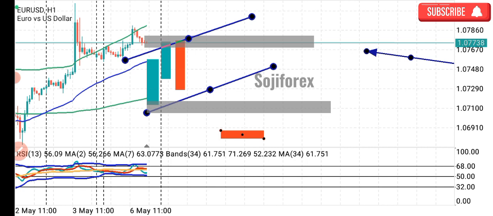And then the third candlestick pattern is our evening star formation. Let's assume that this is a downtrend, the market is moving down, then suddenly we have this.